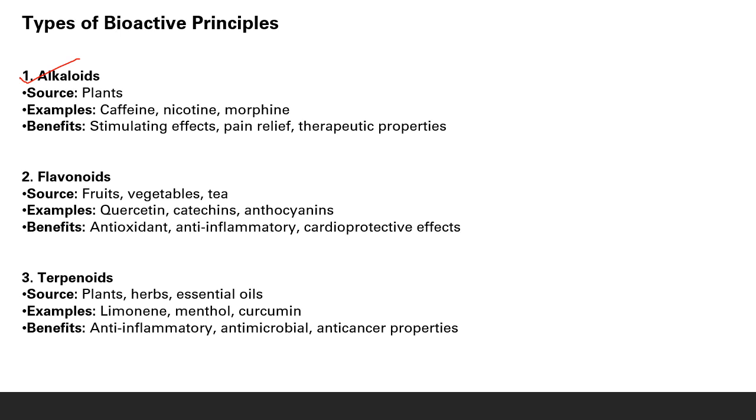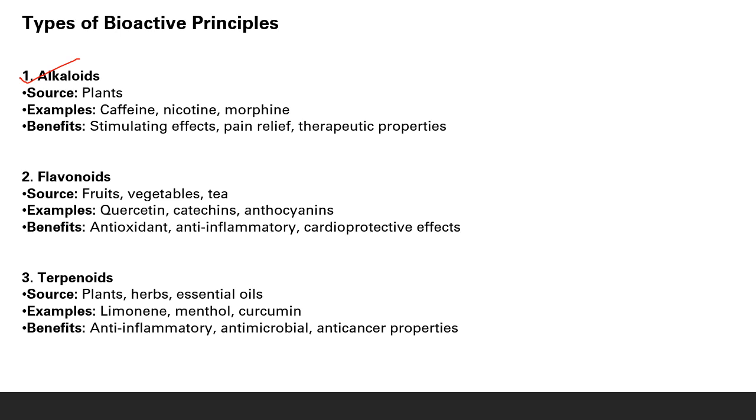Now, flavonoids: the sources are fruits and vegetables, tea. The examples are catechin, anthocyanins, quercetin, and the benefits are antioxidant, anti-inflammatory, cardioprotective effects, etc.